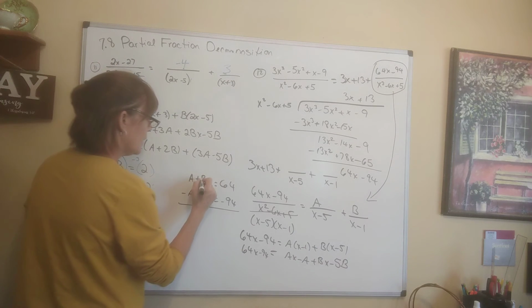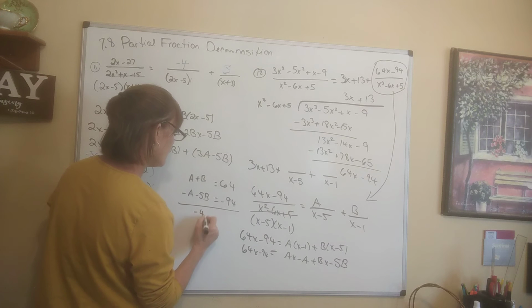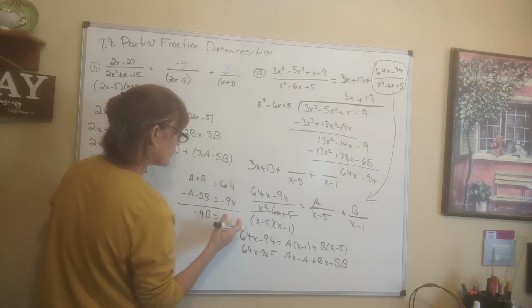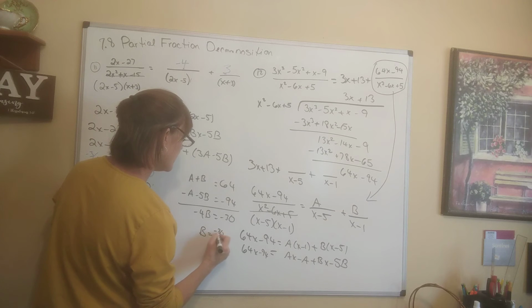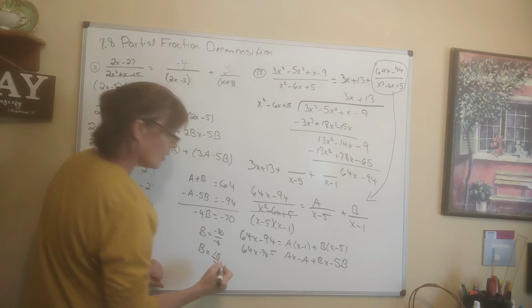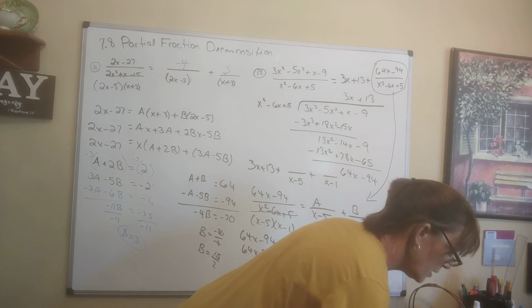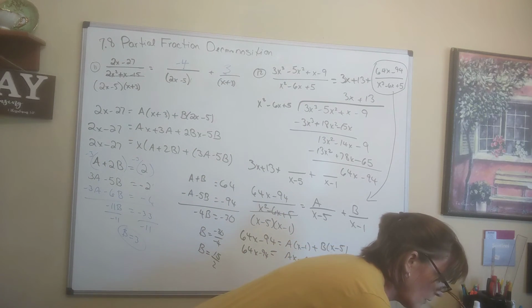So let's just add this. A minus a is 0. B plus negative 5b is negative 4b. If I just add these straight, I'm going to get negative 30. So b is going to be negative 30 over negative 4. So b is really going to be a positive 15 over 2. Now I got 5 over 2. What's happening there? Dang it. Why are these coming out different?